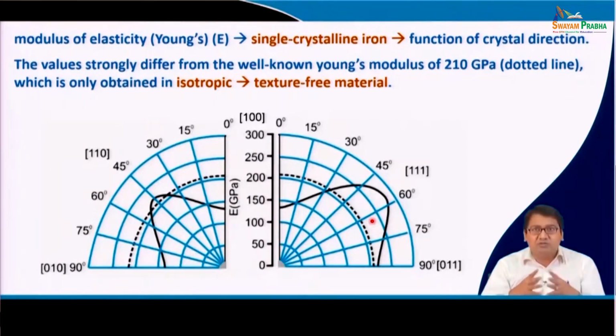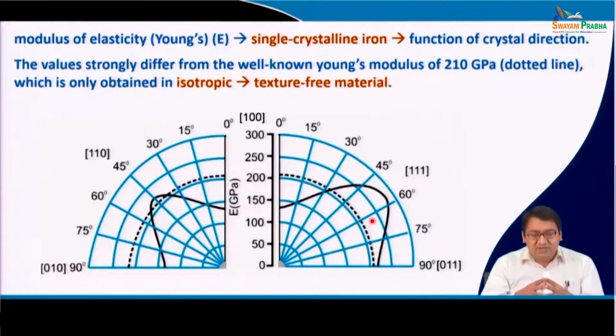So, this is a body centered cubic material, and in the body centered cubic material, the most closest packed direction is 111 and the least closest packed direction is 100, and intermediate is 110.